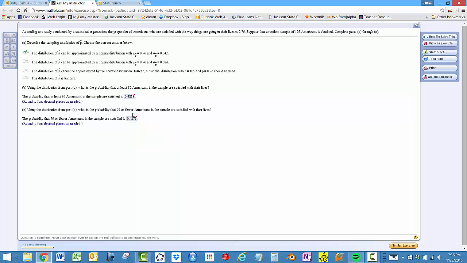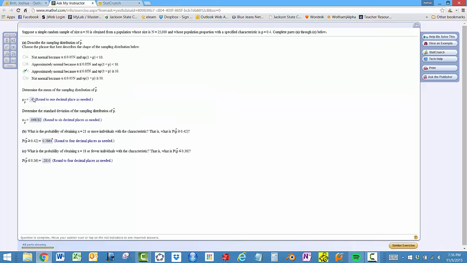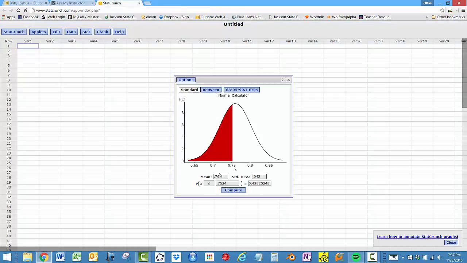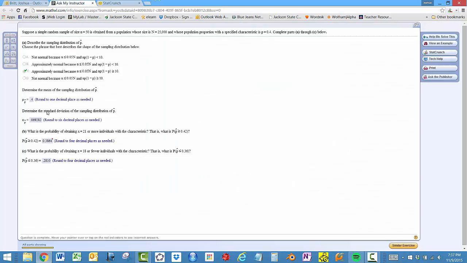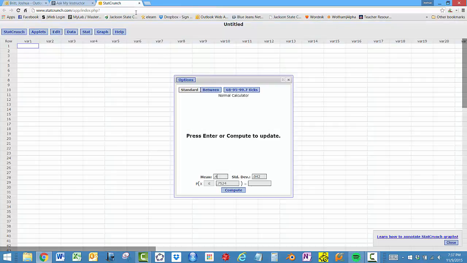Okay, so we'll look at the last one. So you've got the mean and standard deviation, and we just want to know the probability p hat is greater than 0.42. So the mean is 0.4, and standard deviation is 0.069282.